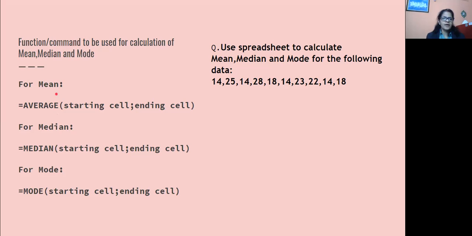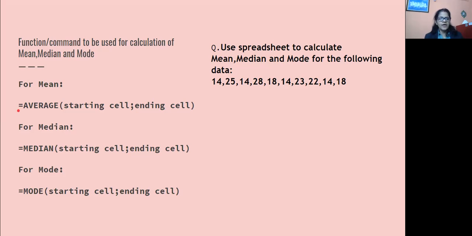While giving any command to the spreadsheet, suppose it may be sum, percentage, average, median, or mode, it starts with the equal sign.